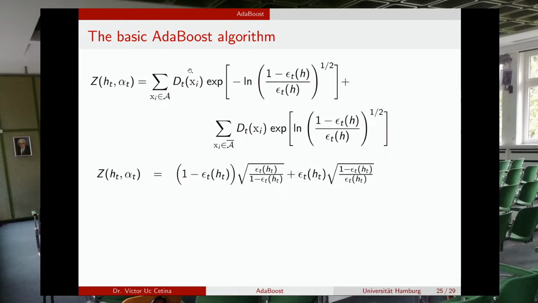And remember that the sum of the weights of the examples that are correctly classified is 1 minus epsilon. That's why we have written here 1 minus epsilon instead of this. And instead, the sum of the weights of all the examples that were misclassified is epsilon. So we have written here epsilon. From here, what you can do is to move this 1 minus epsilon inside the square root.